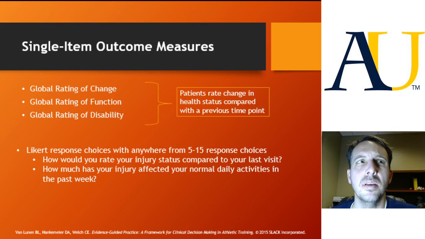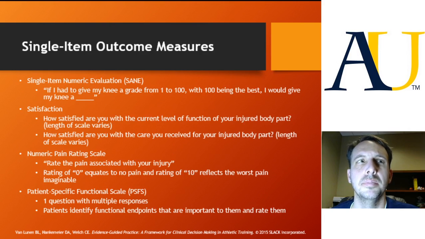But we also mentioned that there are these single outcome measures. We can do these everything from our global ratings of change, function, or disability, which are single questions that then ask individuals to rate their change from the last time, either from the last visit or the beginning visit, basically from the idea on a Likert scale from either very much worse or very much better.